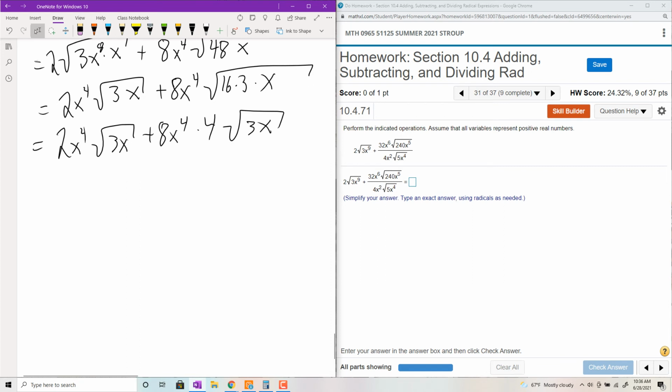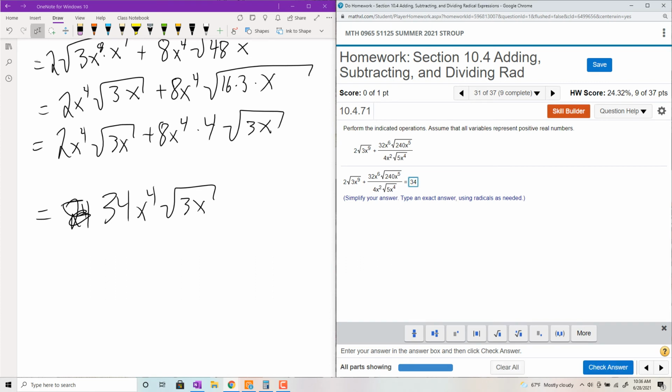So you'd have 2 of those, and then over here 8 times 4 would give you 32 of those. So it would be 34 x to the 4th square root 3x's when all is said and done. 34x to the 4th square root of 3x.